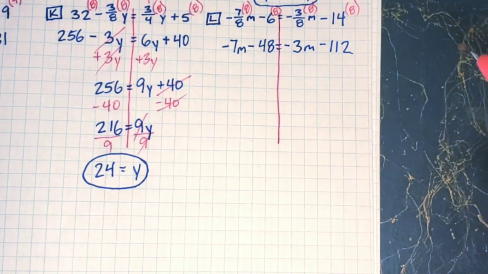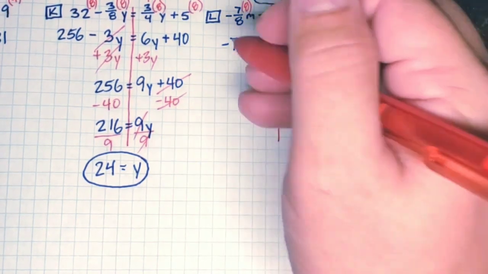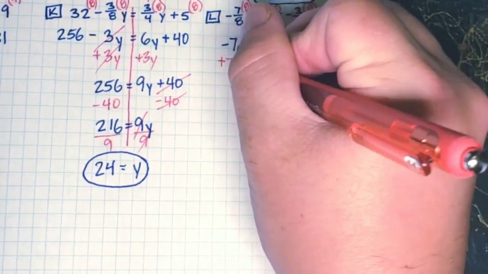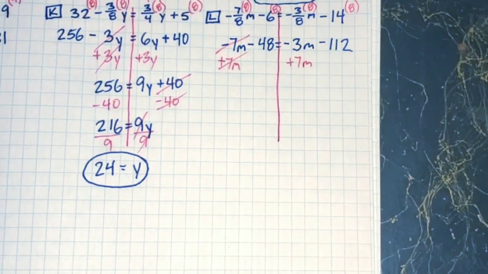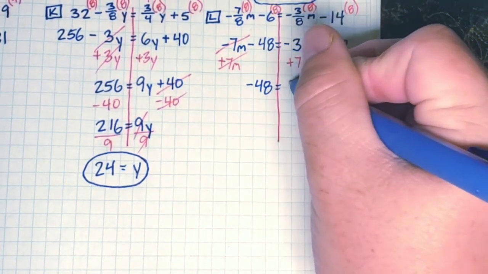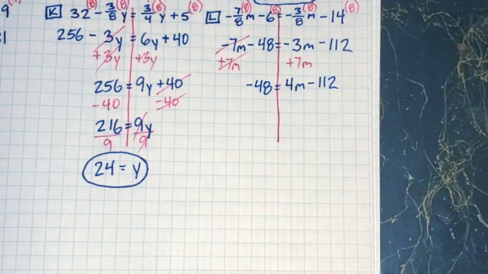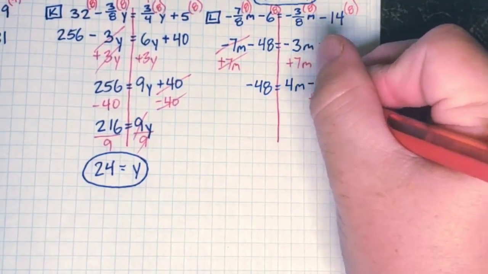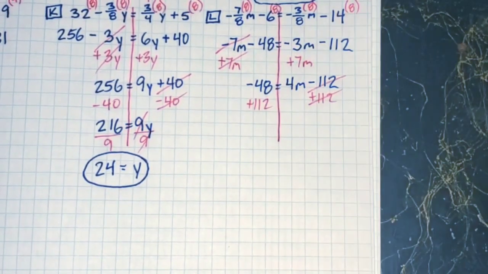And you start with your least coefficient. That'd be this negative 7, so we're going to add 7m to both sides. That leaves negative 48 equals 4m minus 112. We're going to add 112 to both sides. These cancel out.